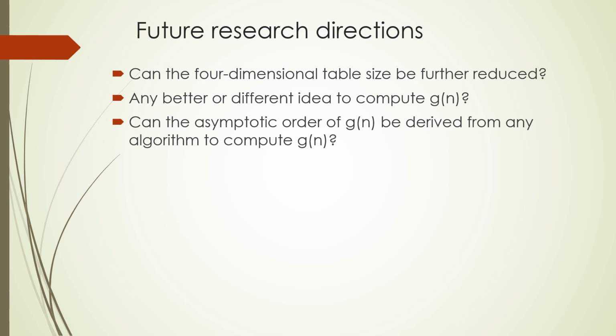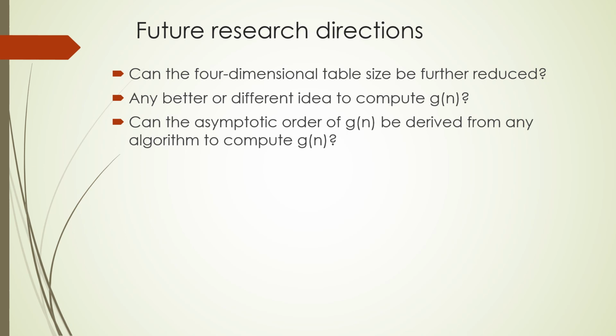So future research directions. The first is we trust our 4-dimensional table has already been quite optimized, but we cannot prove that it is the smallest possible table that can be allocated to compute the function value. Maybe there's additional room for improvement.